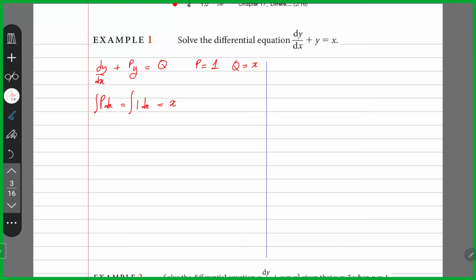So the solution is going to be y e to the integral of p dx is equal to the integral of q e to the integral of p dx.